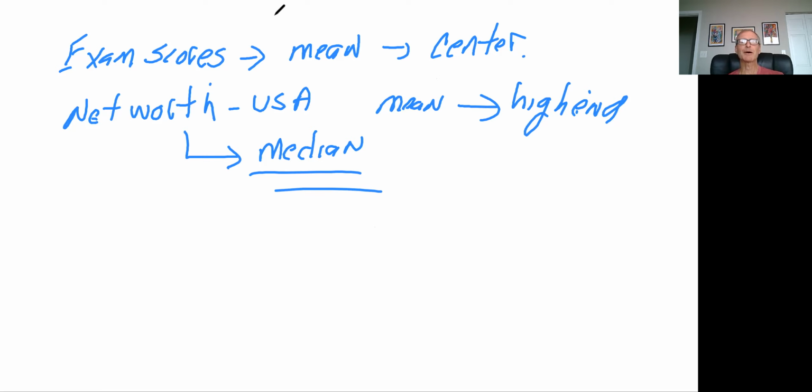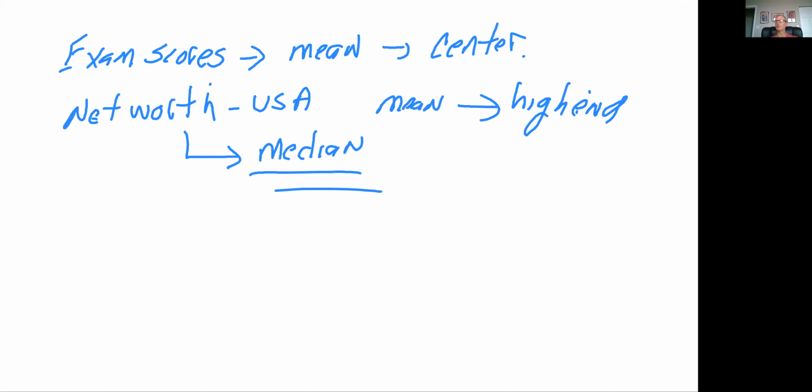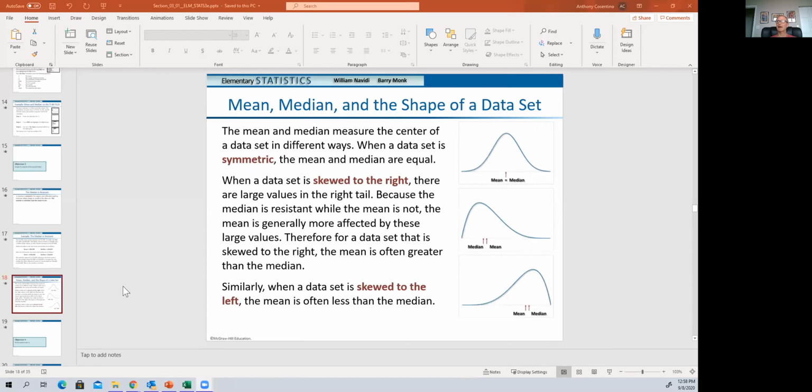So when we talk about that idea, we introduce this idea of skew a little bit more. If most of the data is in the middle and the two extremes are pretty low and not a lot of data on either side, that's where we call it symmetric, and the mean and the median are really close together.